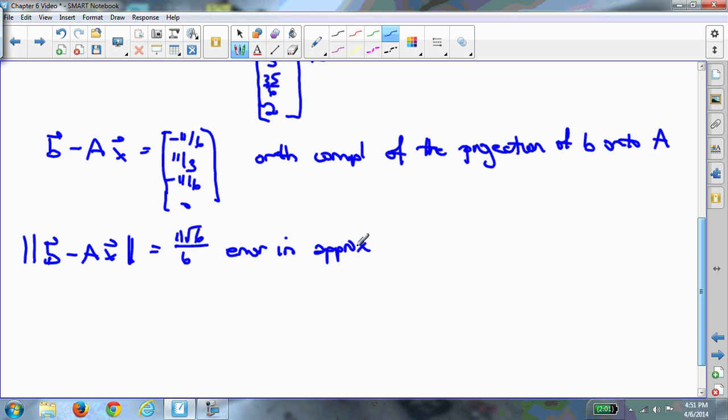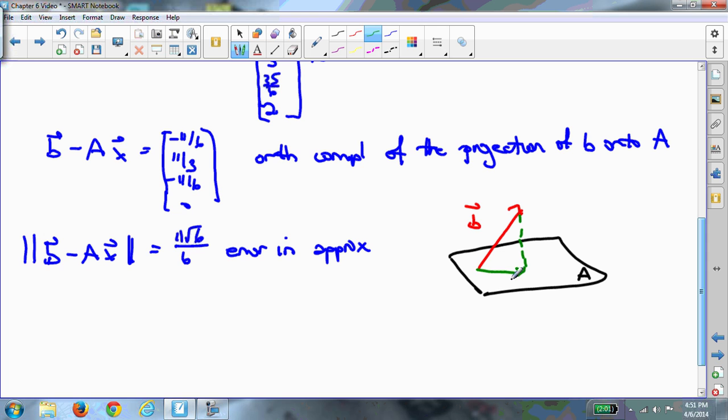So, if I were to try to draw a visual of all this, say I have A space represented by A. Let's say I have a vector B that's here that cannot be represented by anything in A. What I'm going to do is an orthogonal projection.